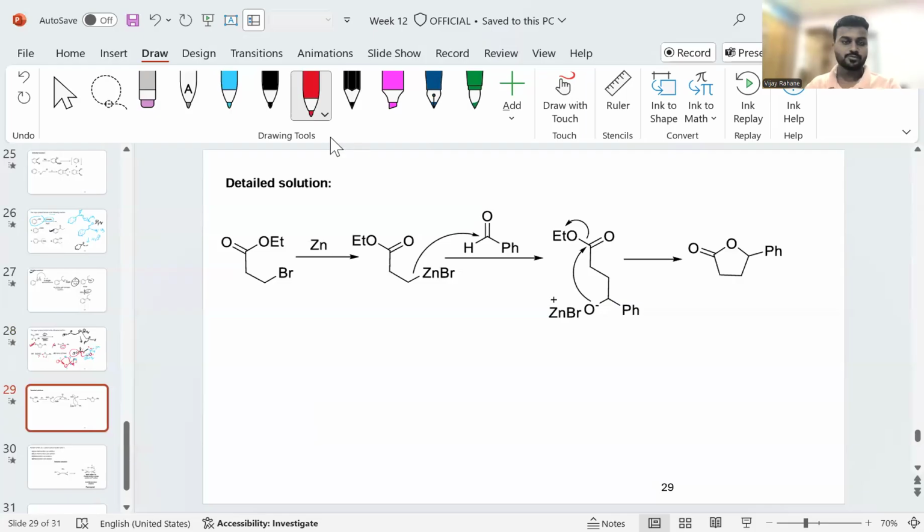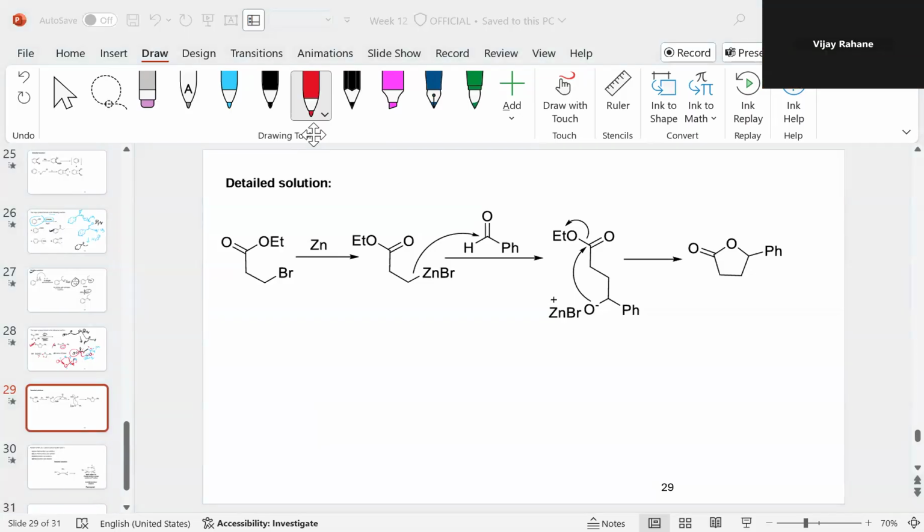So you can look at the detailed reaction mechanism from this one. Right. So we'll move to the next question.